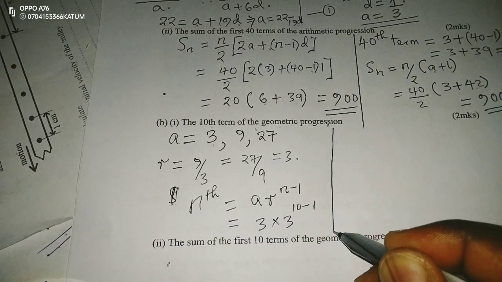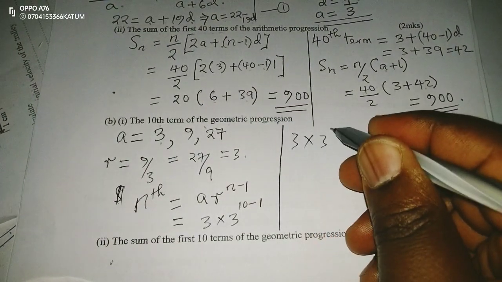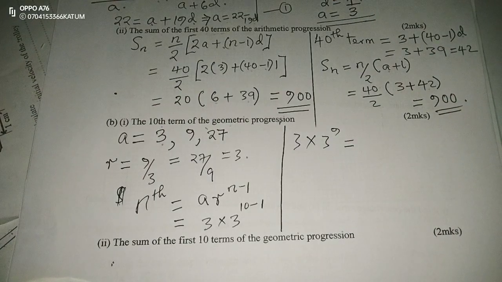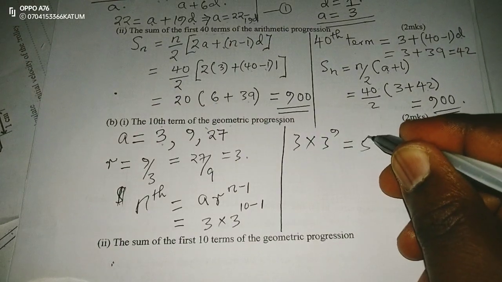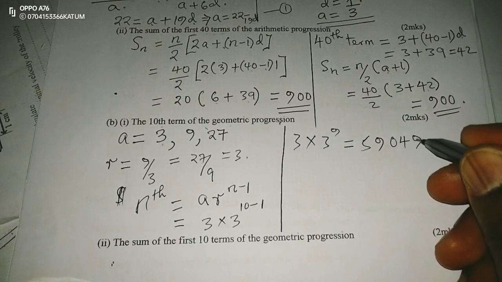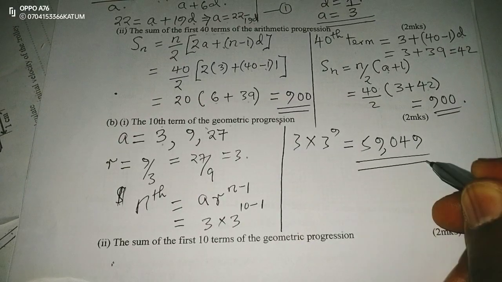So the 10th term is going to be 3 times 3 raised to 9. So 3 power 9, then we multiply it by 3. The term is going to be 59049. That is going to be the 10th term.